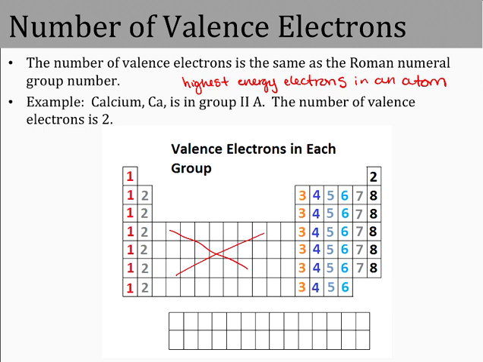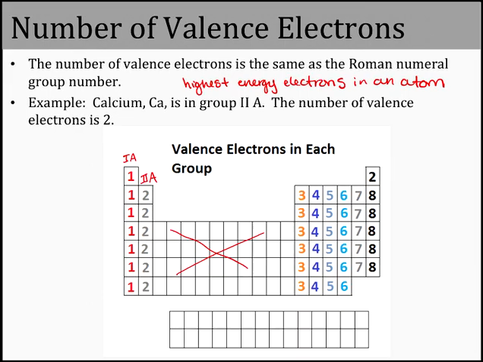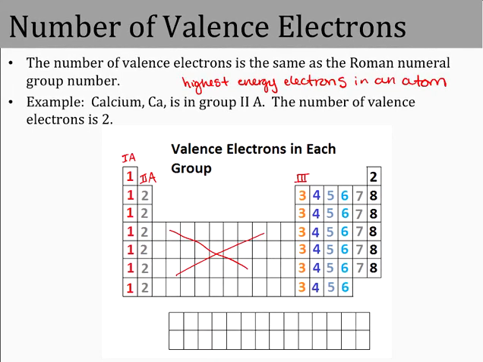Now, if we go across and label each of the representative columns, we have 1A, 2A, and then we're going to jump over to 3A, 4A, 5A, 6A, 7A, and 8A. I left out the A's just because I ran out of room.